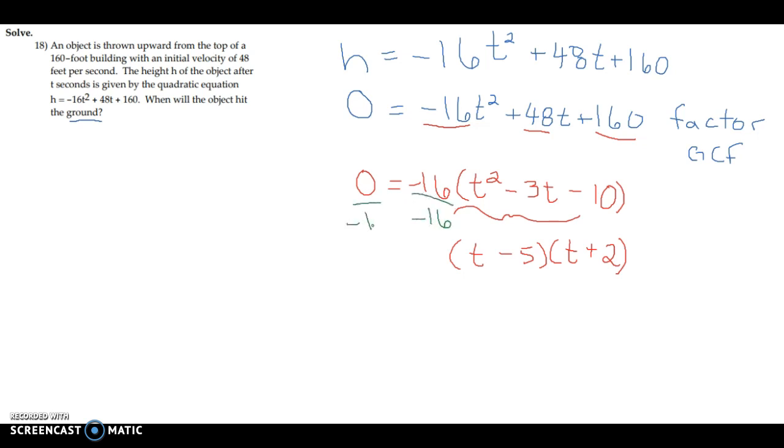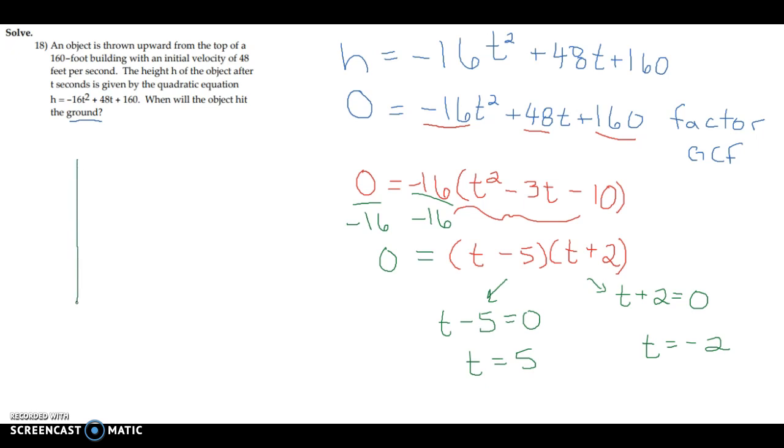So 0 divided by negative 16 is still 0. And so you have two possible options, t minus 5 equals 0, or t plus 2 equals 0. This gives you t equals 5. This gives you t equals negative 2.